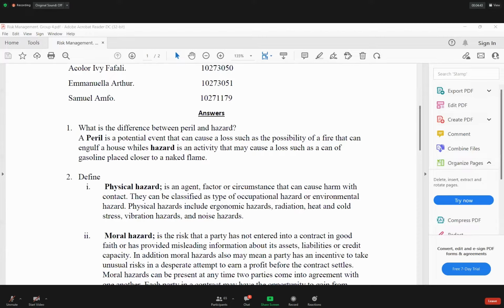And there are two types of physical hazard: occupational hazard and environmental hazard. And with the moral hazard, it is a risk that a party has not entered into a contract in good faith or has provided misleading information about its asset, which leads to liability or credit capacity. And then we have attitudinal hazard, also known as morale hazard.